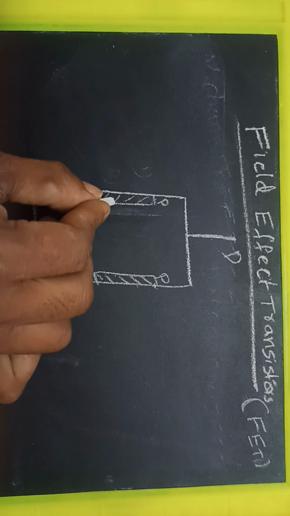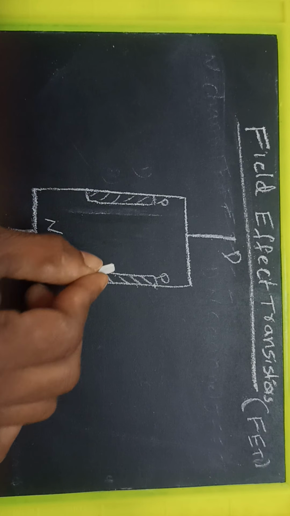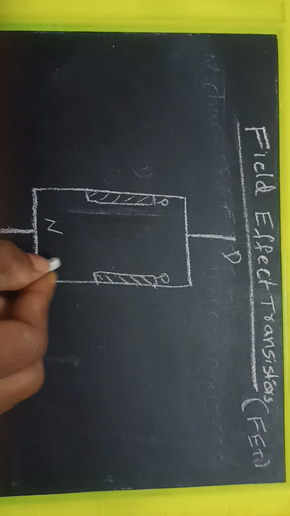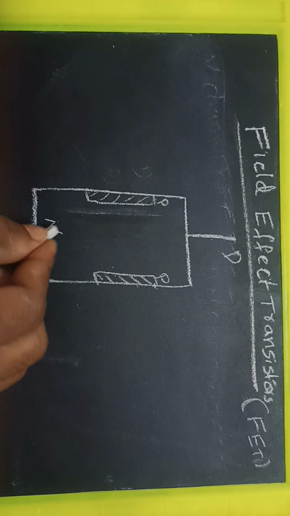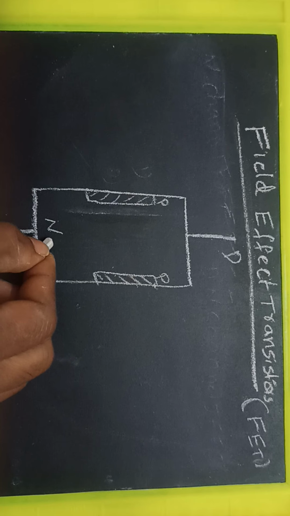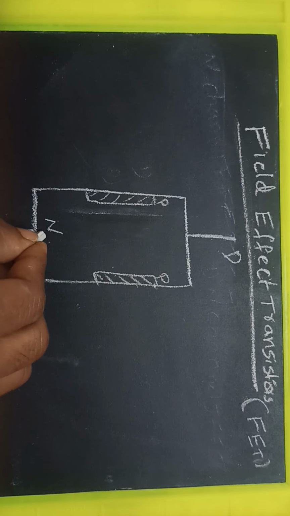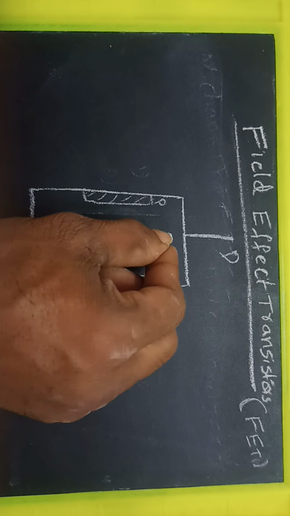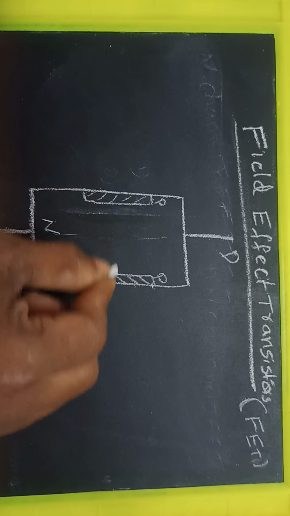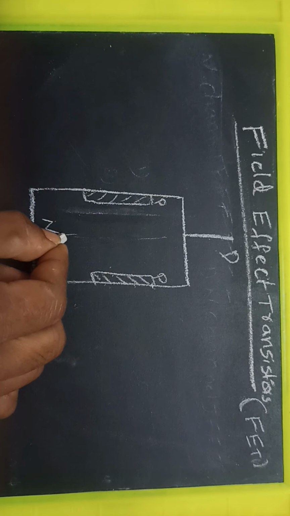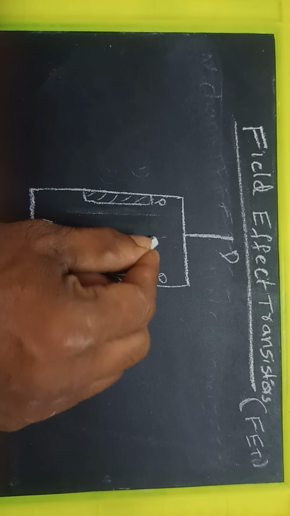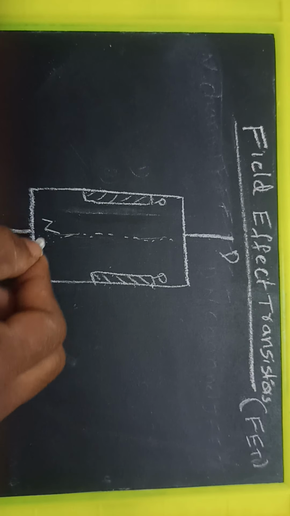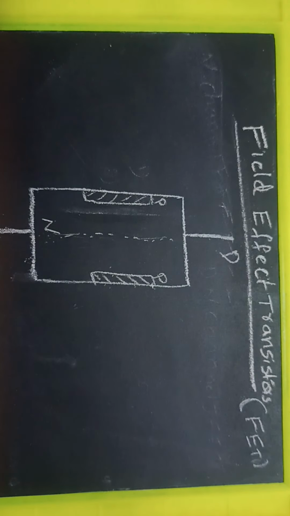So in between these two, the majority carriers, electrons, in this n-type semiconductor are flowing from source to drain through this path in between the p-type semiconductors. In between the p-type semiconductors, the electrons or current is flowing from source to drain.